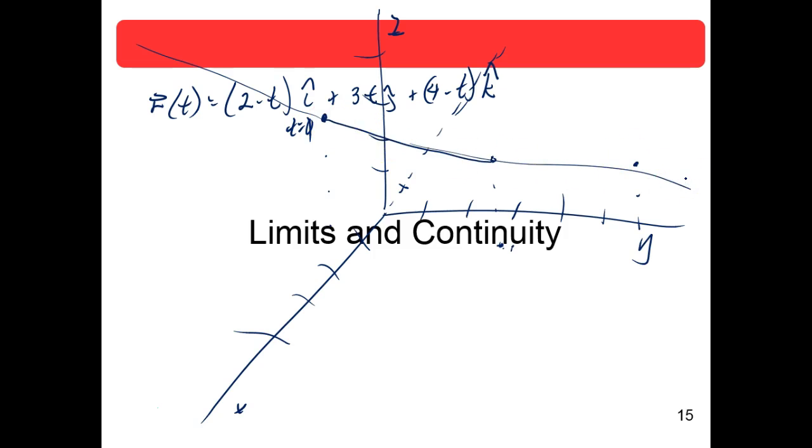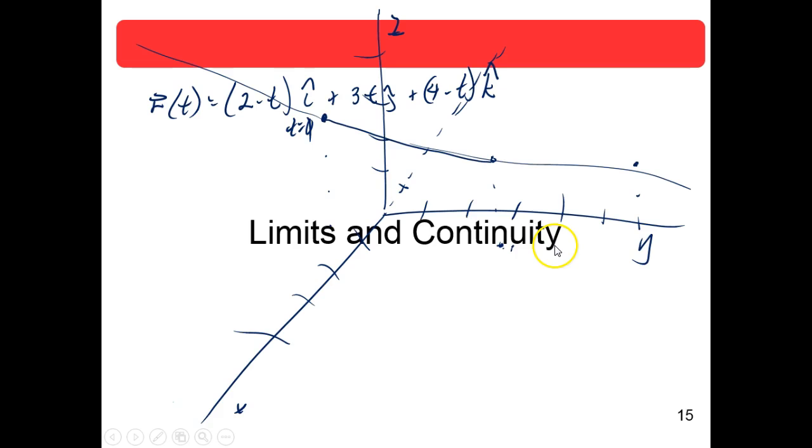I can't draw straight lines too well in 3 space, but it's coming out here, going in there. That's where it crosses the YZ plane, and then it's going back that way. So that is a straight line. So everything boils down to your parametric equations.